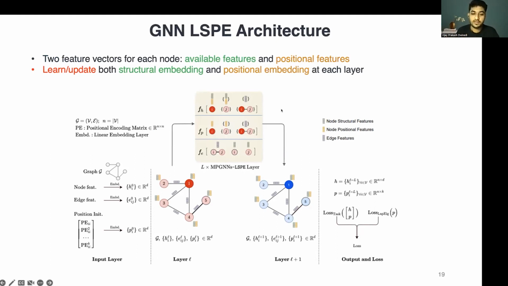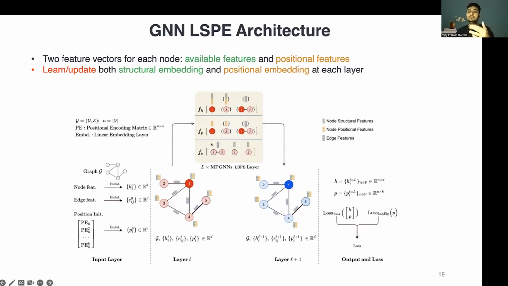This is just to show a pipeline: when we have a message passing GNN operating over graphs, it changes the feature vector from one layer to another. In the LSPE architecture, LSPE means learnable structural and positional encoding. We separate the feature vector into positional and structural features for each node, and we pass them through separate learnable modules.